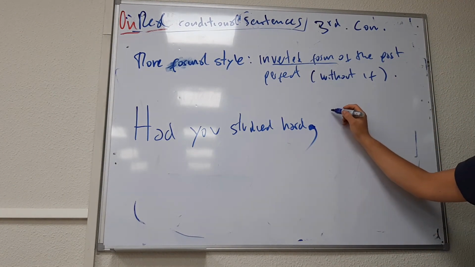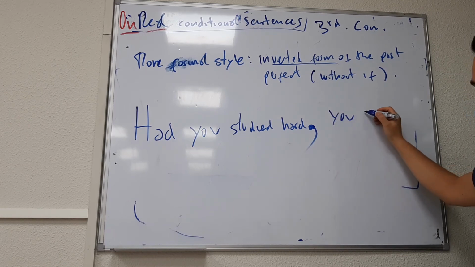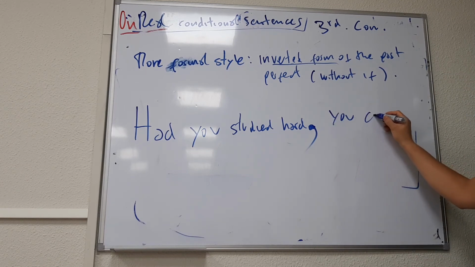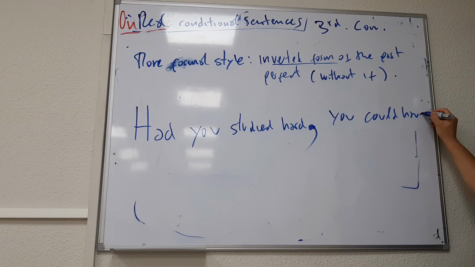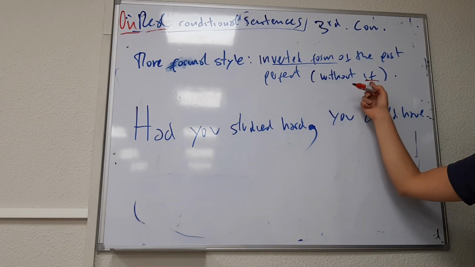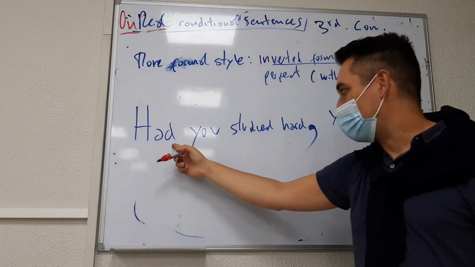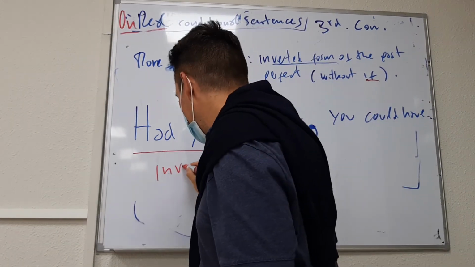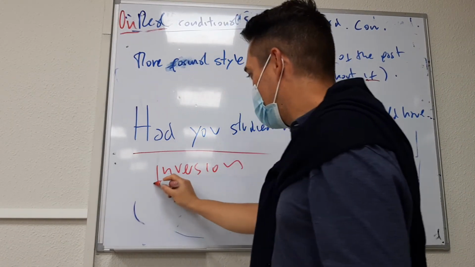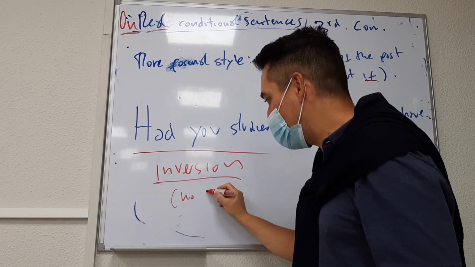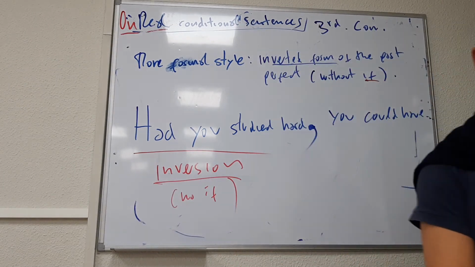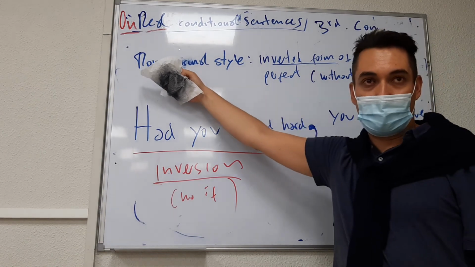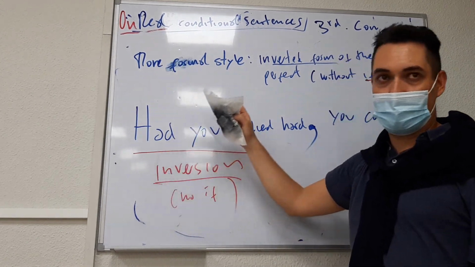And then the same. You would have, or you might have, or you could have. You could have passed. Again, no if. Had you studied hard? This is an inversion, and there is no if in this case. And again, it's more formal whenever there is an inversion.